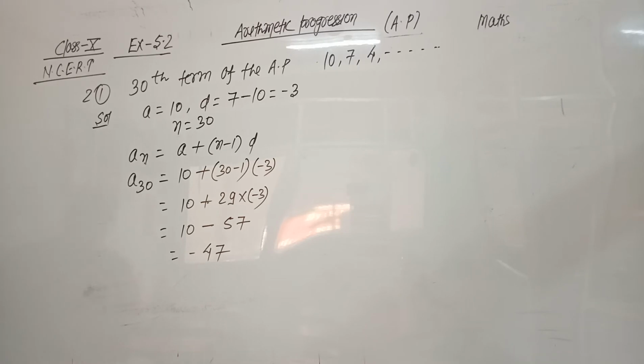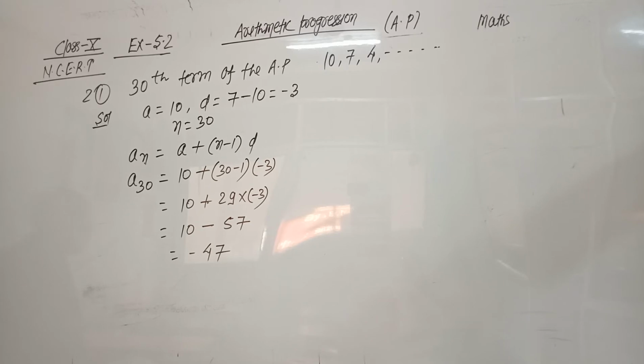So the 30th term of this AP is minus 77. To recap: the AP is 10, 7, 4, the first term is 10, the common difference is 7 minus 10, minus 3, and for the 30th term n equals 30.